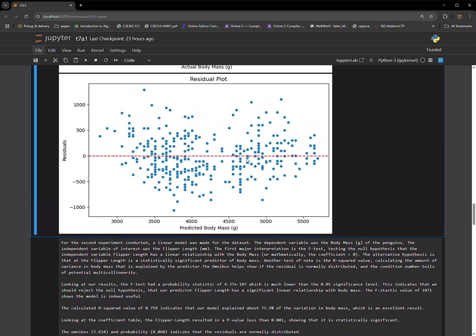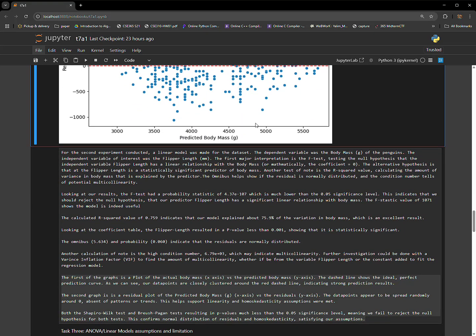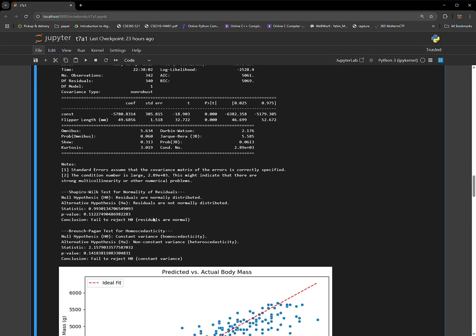Because we don't want a pattern, this confirms that there is homoscedasticity, and that was also found via the Breusch-Pagan test, which tests for homoscedasticity, with a p-value greater than 0.05, which means we failed to reject the null hypothesis. There's constant variance. The Shapiro-Wilk test p-value was 0.11, indicating we should fail to reject the null hypothesis that the residuals are normal.